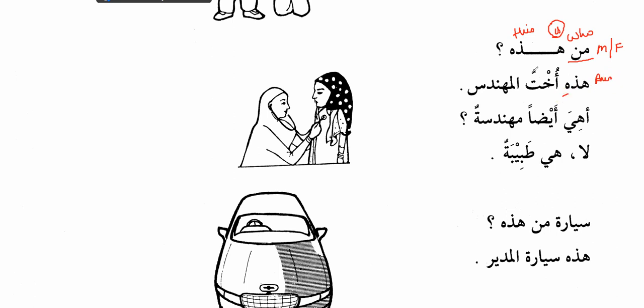Hazihi ukhtul muhandisi. We will read ukhtul muhandisi. Since it's a marifa construction, a single kasra will be there. Mudaf and mudaf ilahi. Now the translation is this is sister of, the of relation, the engineer.